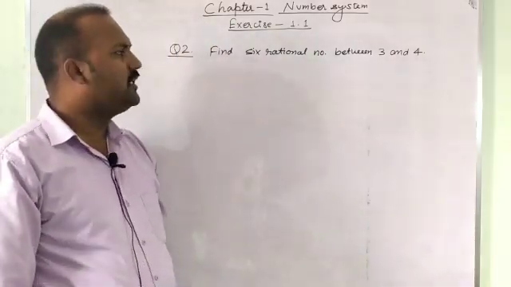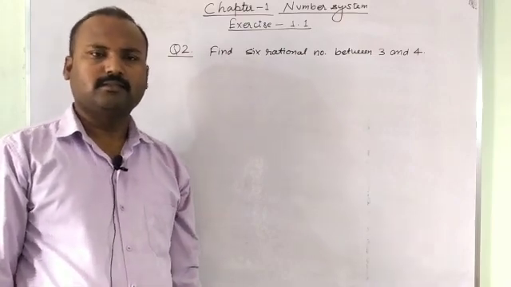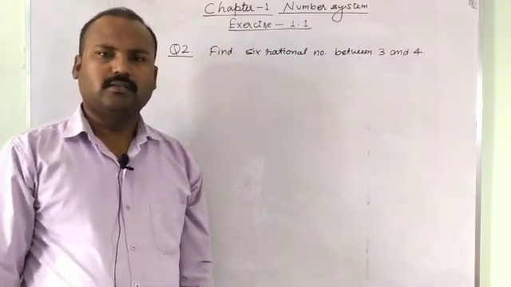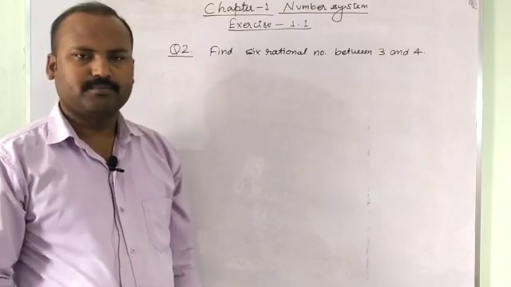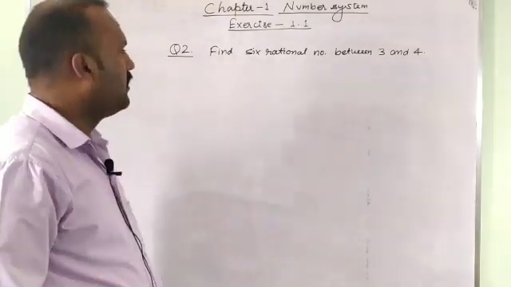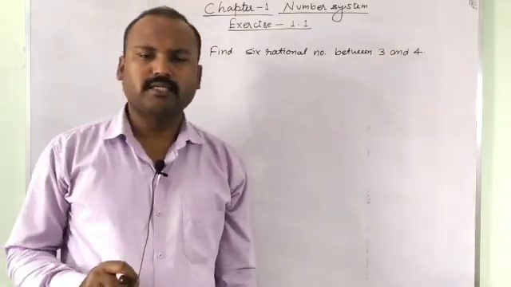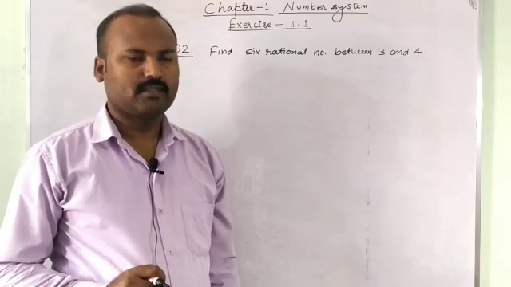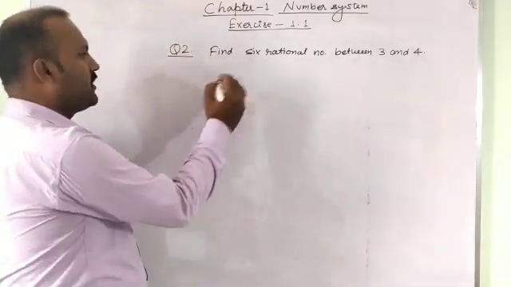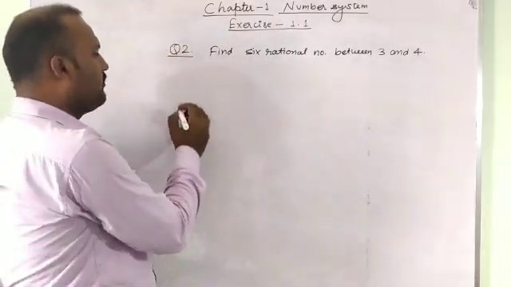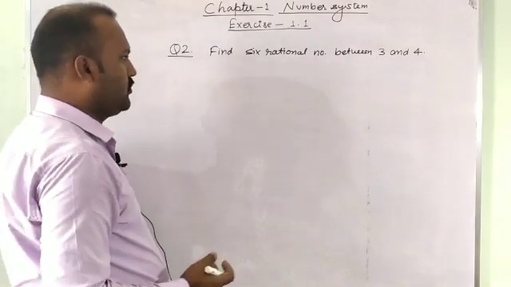We have to find 6 rational numbers. We have methods, as I discussed in the video lecture of the number system, to find rational numbers in between two given rational numbers. Now apply the method and see carefully how you will solve this question.